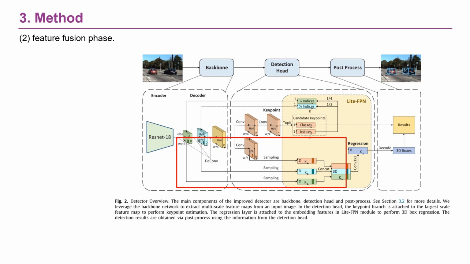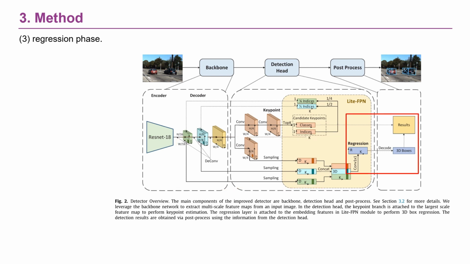Then, three groups of features with the same shape K×D are sampled from the feature maps with 1/4, 1/8 and 1/16 resolution of the input image via the above three sets of pixel indices. Finally, the sampled features are concatenated together to create the embedding features with the shape of K×3D.